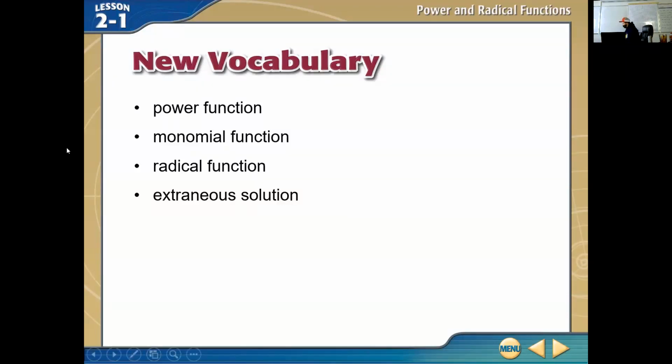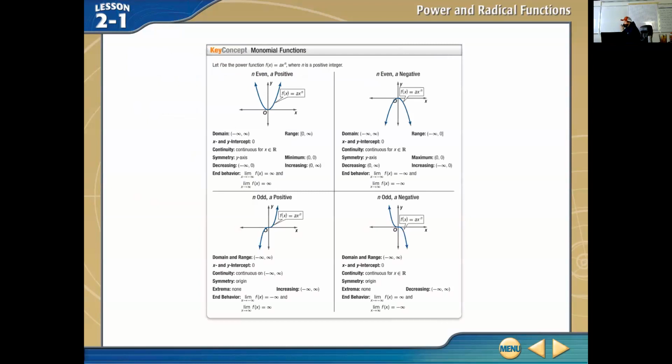All right. Here's probably the most important thing of the section. These 4 quadrants right here. So first, remember we're dealing with f of x equals ax to the n. So it's talking about the exponent. At the top, n is even.